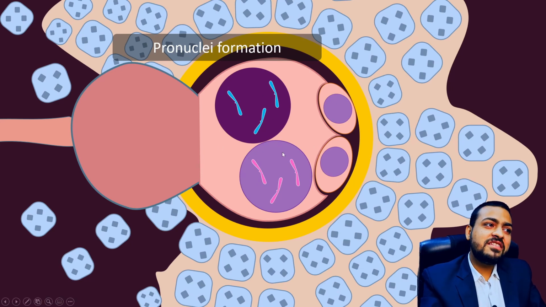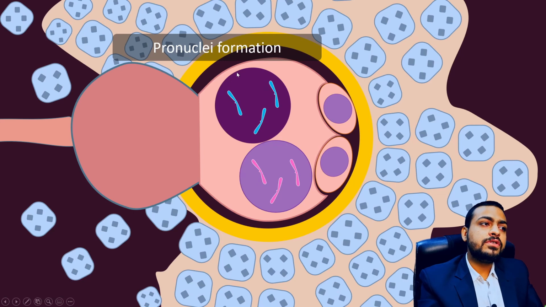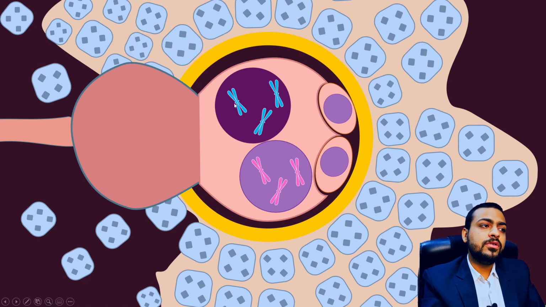So they have to use this genetic material. That is why they have to decondense it, and this decondensation followed by swelling of the nucleus is called formation of pronuclei. So now we have two pronuclei, male pronucleus and female pronucleus, and within these pronuclei, copies of these chromatids will be made.